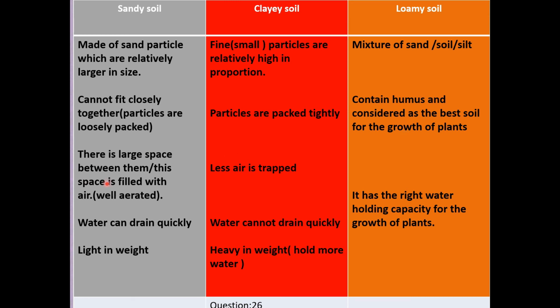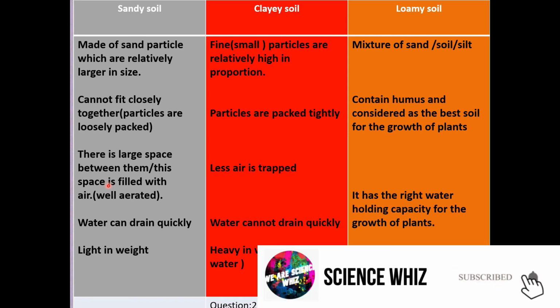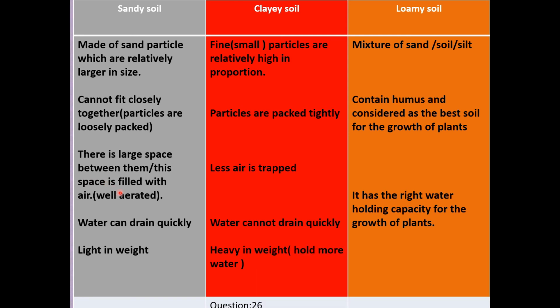Next, in sandy soil there is a large space between the particles. This space is filled with air. That means we can say it's well aerated. In clay soil, less air is trapped. And next, in sandy soil, water can drain quickly. In clay soil, water cannot drain quickly.